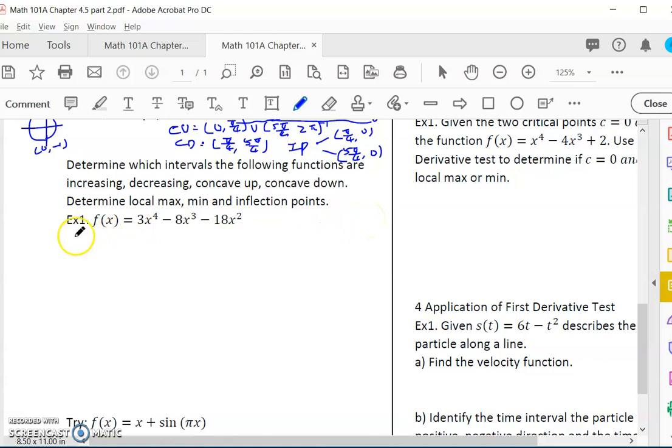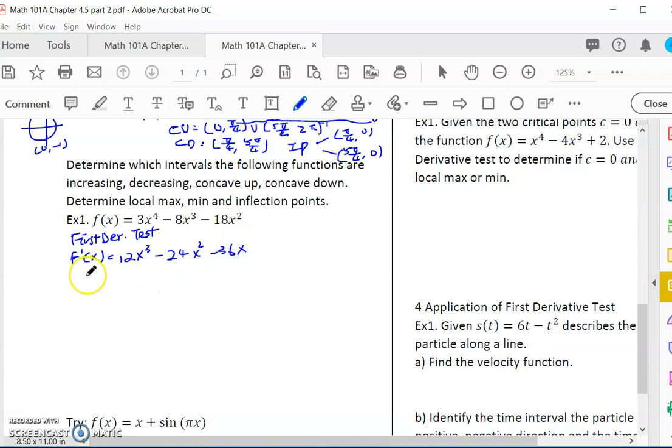So first of all, the first derivative test. For the first derivative test, we want to find f prime. So f prime of x is equal to 12x cubed minus 24x squared minus 36x.